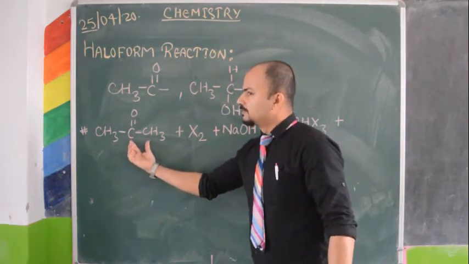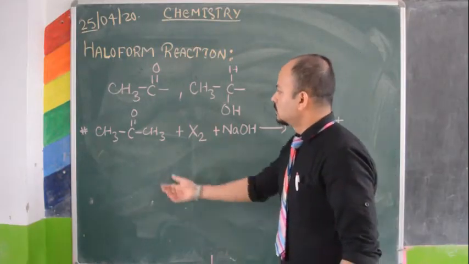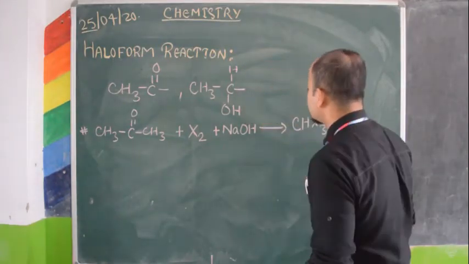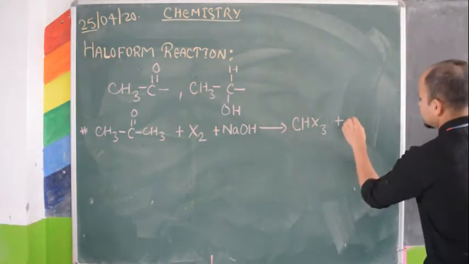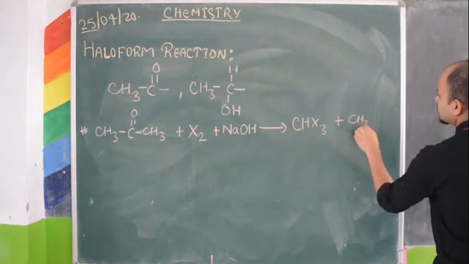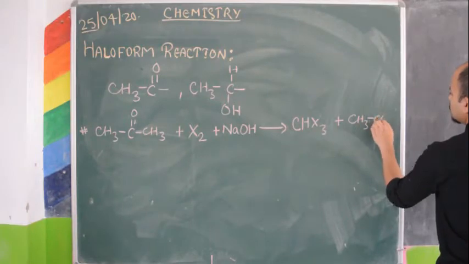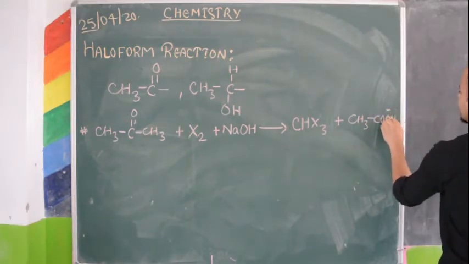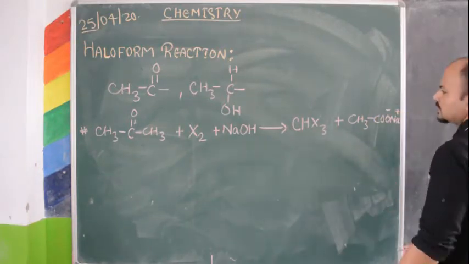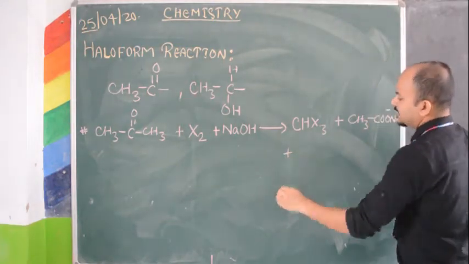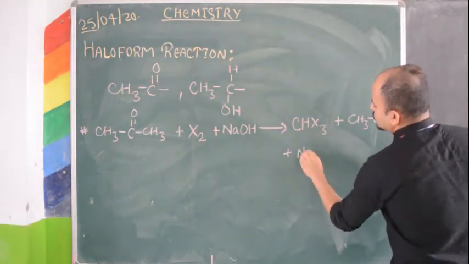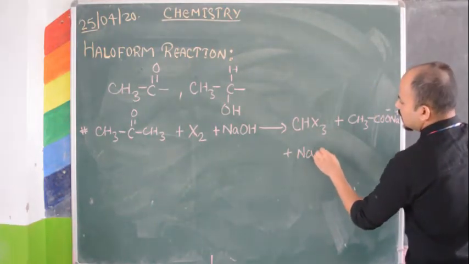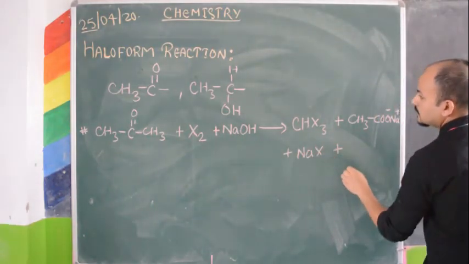This ketone will be oxidized to carboxylate anion. Okay, so here CH3 C double bond O minus Na plus, and the byproducts are sodium halide and water.